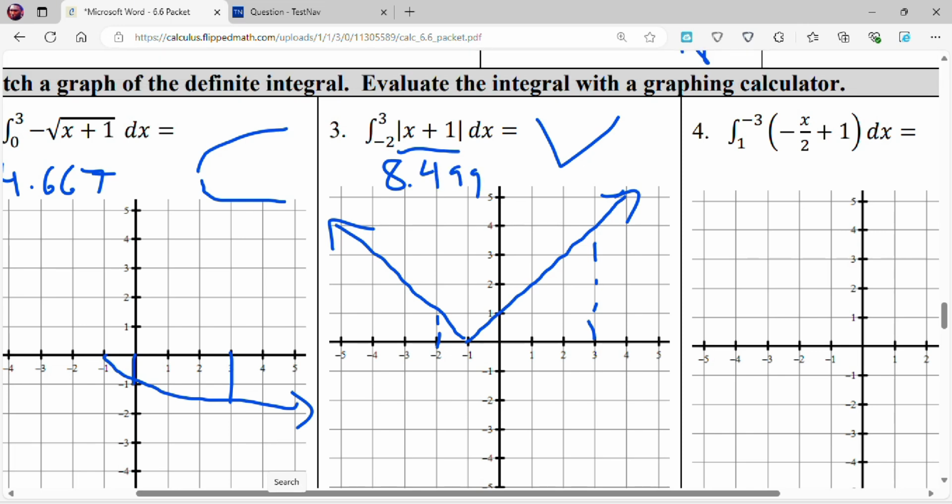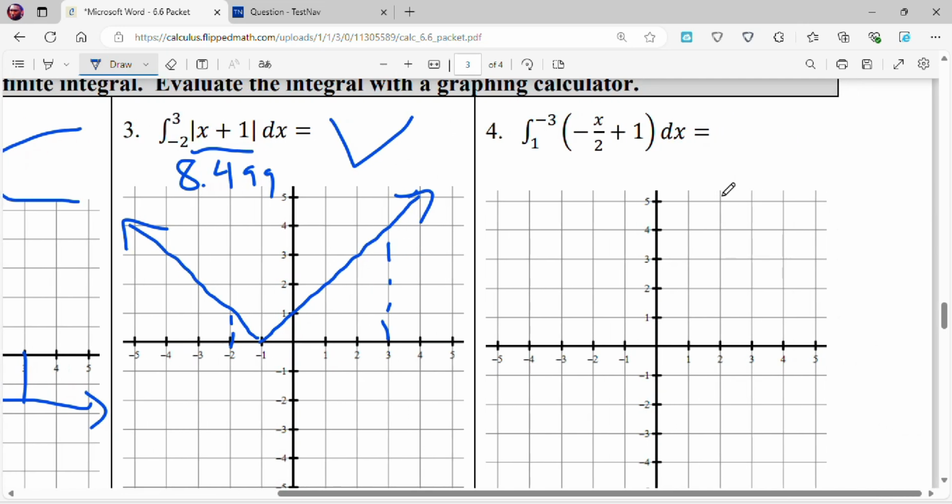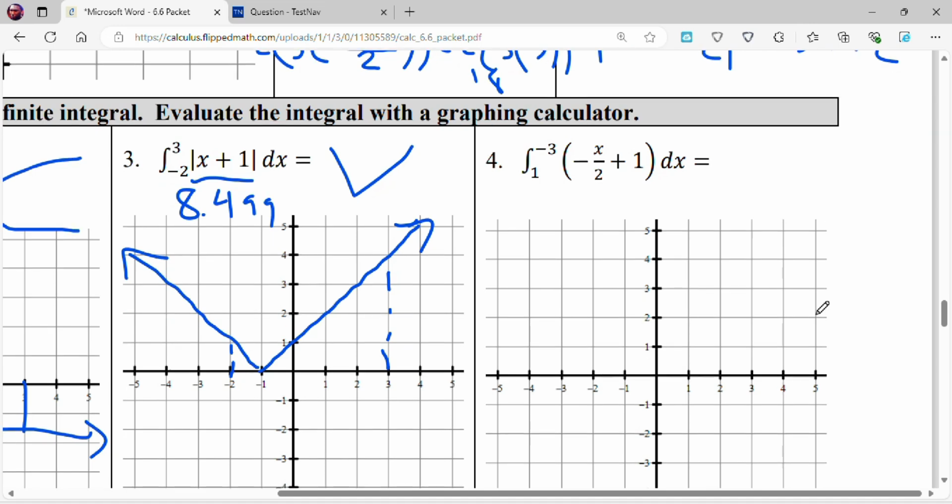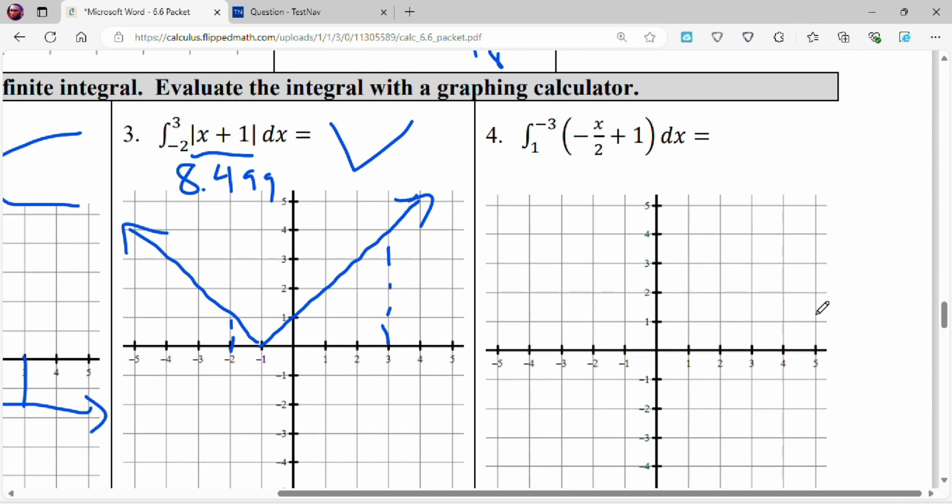All right. Okay. Last one, we have the integral from 1 to negative 3 of negative x over 2 plus 1. So we're going to ignore the integral for now and graph the equation. So negative x over 2 plus 1.